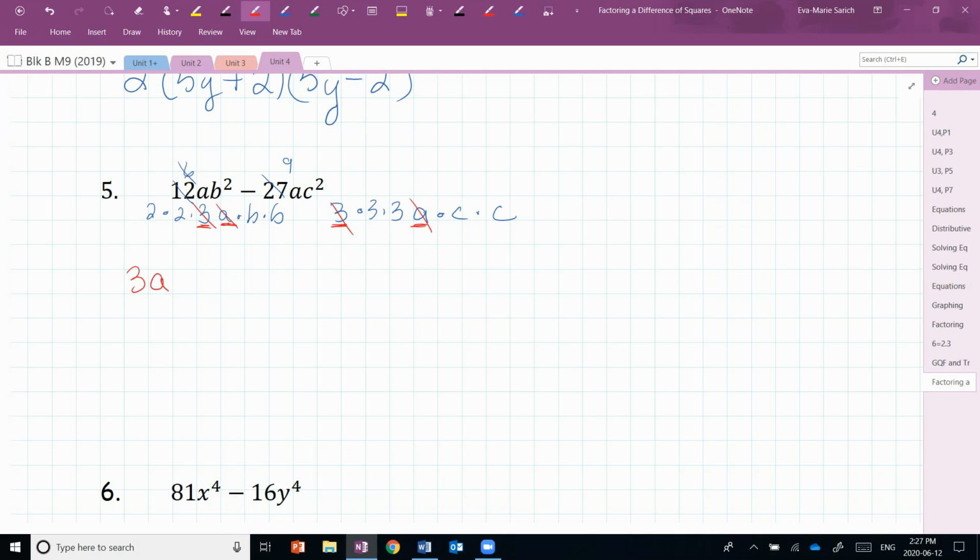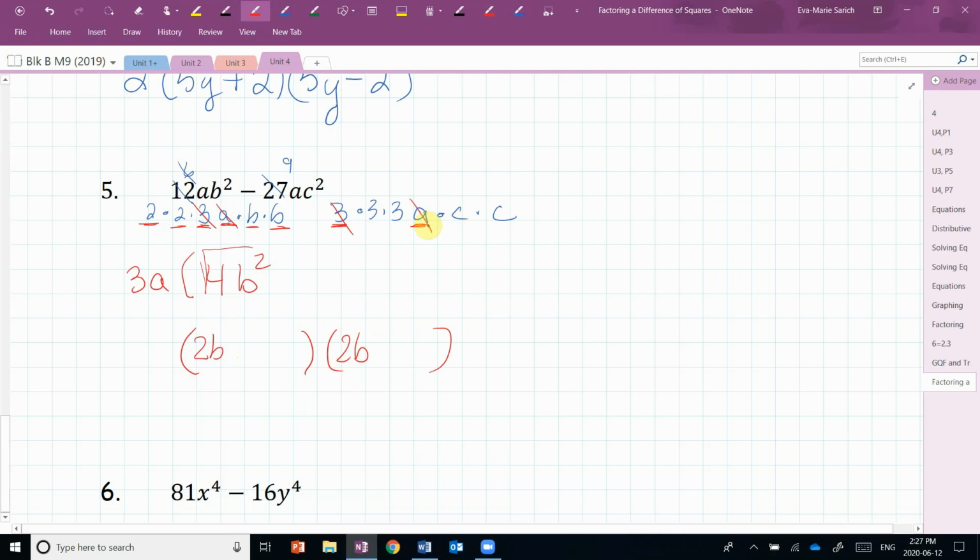If it's easier for you to just put it back together, then let's put it back together. So 2 times 2 gives us 4, and b times b gives us b squared. Taking the square root of that, right, is in fact 2b times 2b. So that's going to be our binomials, 2b and 2b.